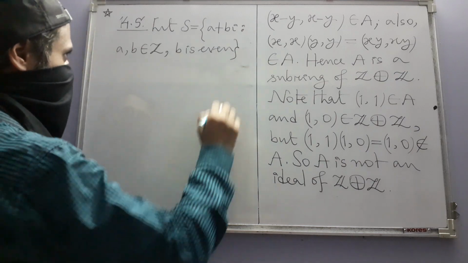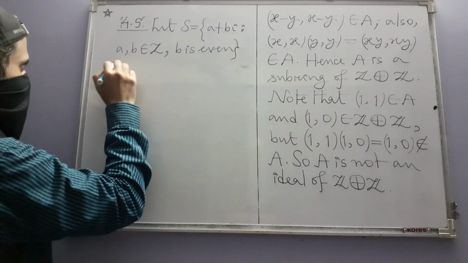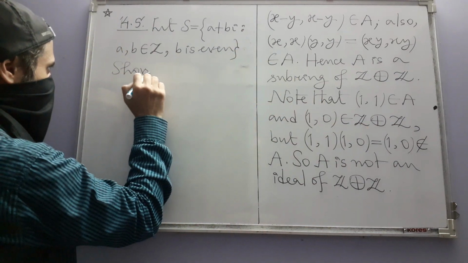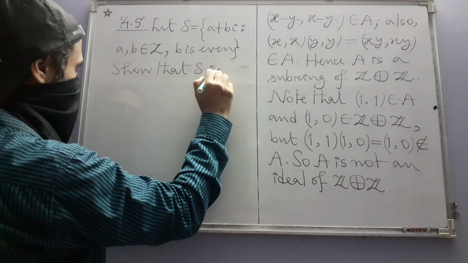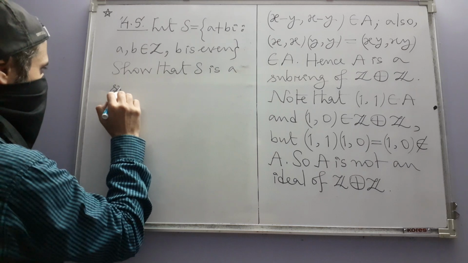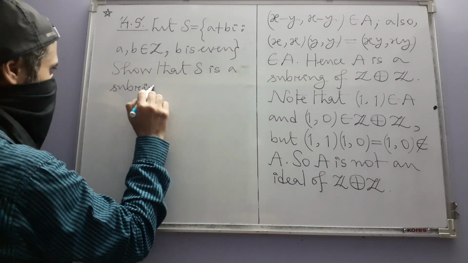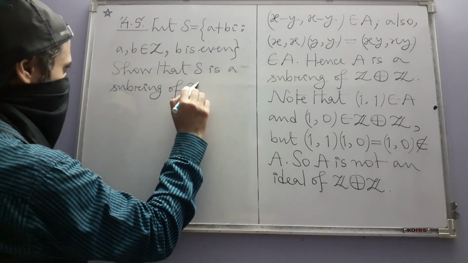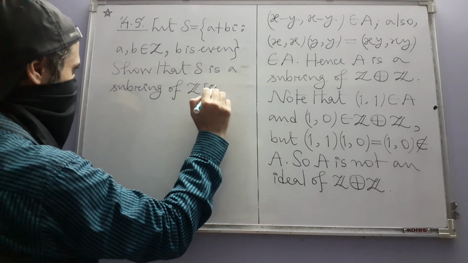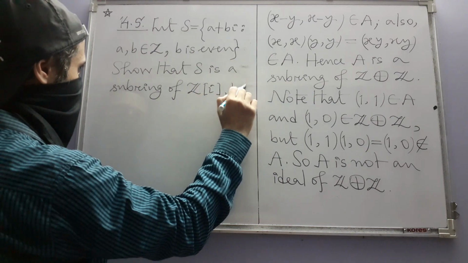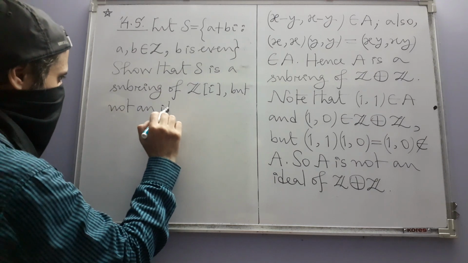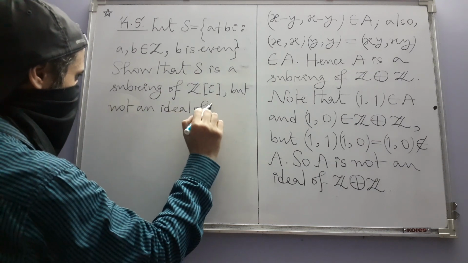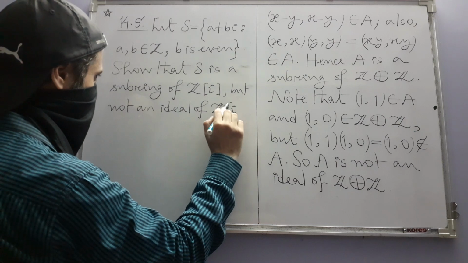Show that, just like this one, S is a subring of the ring of Gaussian integers, but not an ideal of it.